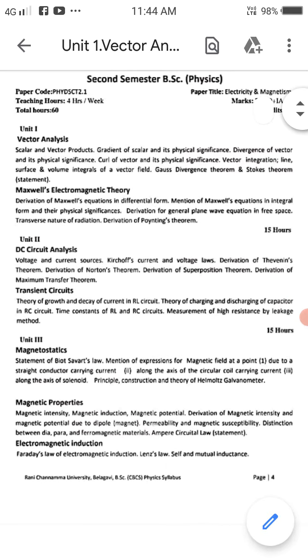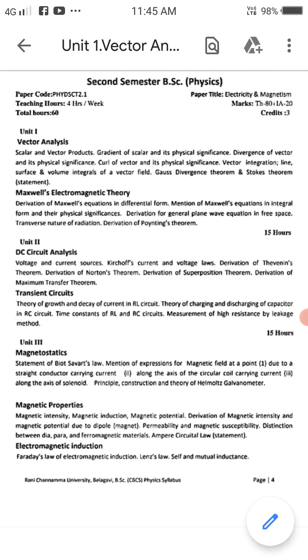The vector analysis includes scalar and vector products, gradient of a scalar and its physical significance, divergence of a vector and its physical significance, curl of a vector and its physical significance, then vector integration, line, surface and volume integral of a vector field, Gauss divergence theorem and Stokes theorem, and lastly, statements.